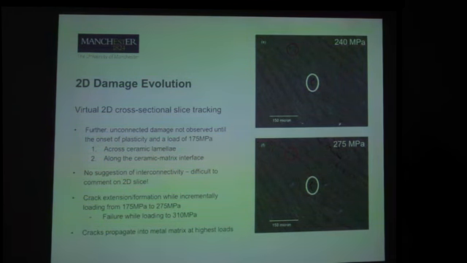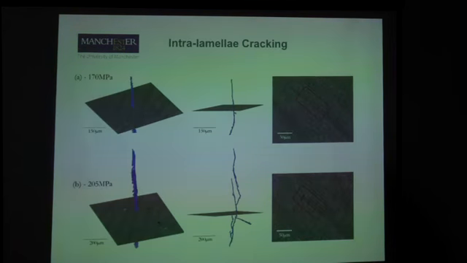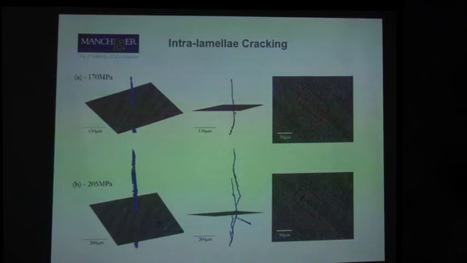Okay, so like I say, you've got those two different types of crack, and what's interesting is to see what is the interconnectivity between them. Is one initiating the other, or what is exactly happening there? So, further to that point, you can see the intralamellar cracking.